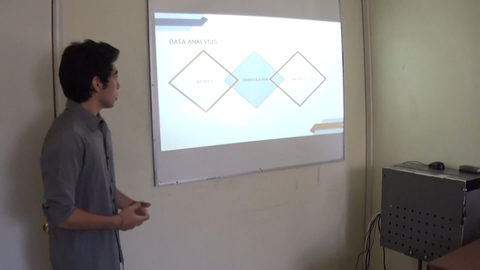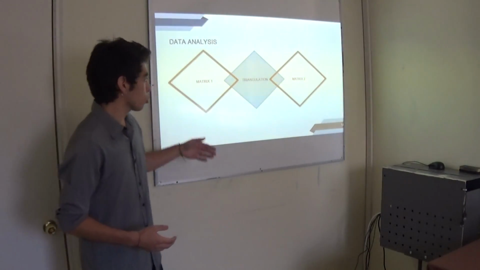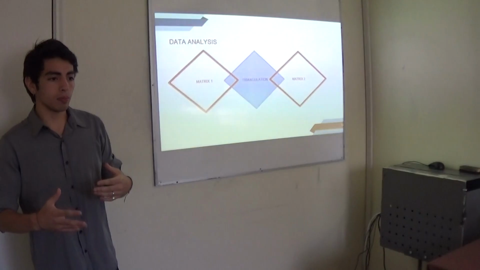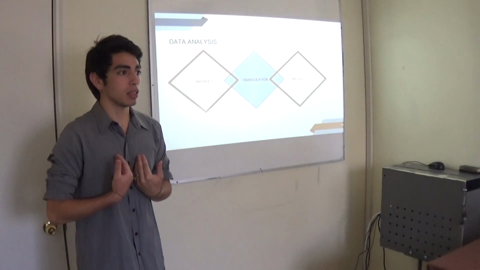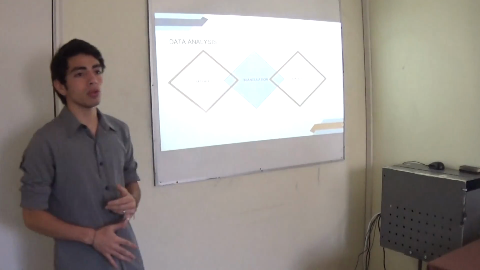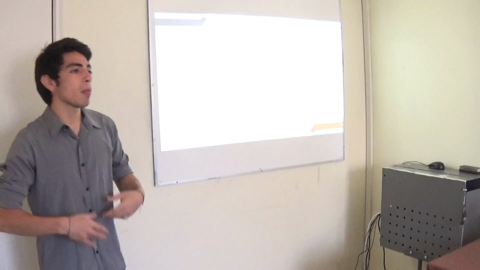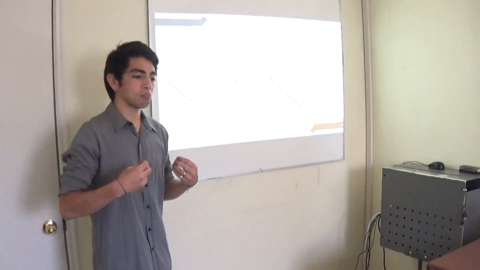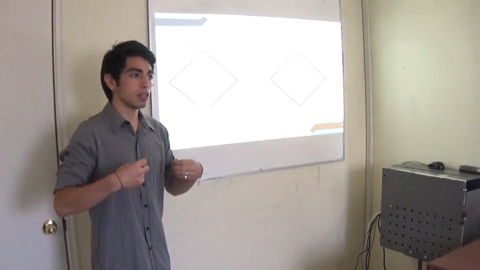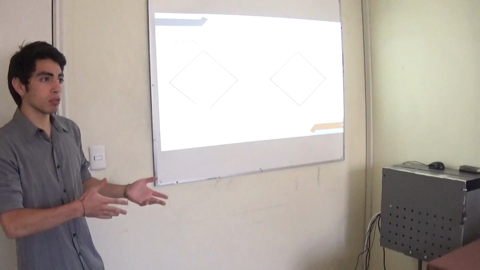So the data analysis, here's a representation of what I stated before. Matrix 1 came up with categories that were related to the main variables of my study, that is to say, chunks of language, self-efficacy, etc. And matrix 2, regarding what the students, the participants, stated regarding the variables.